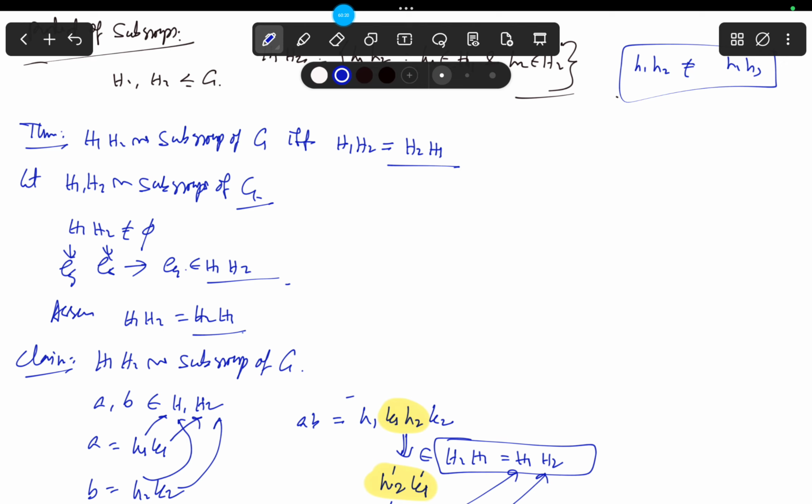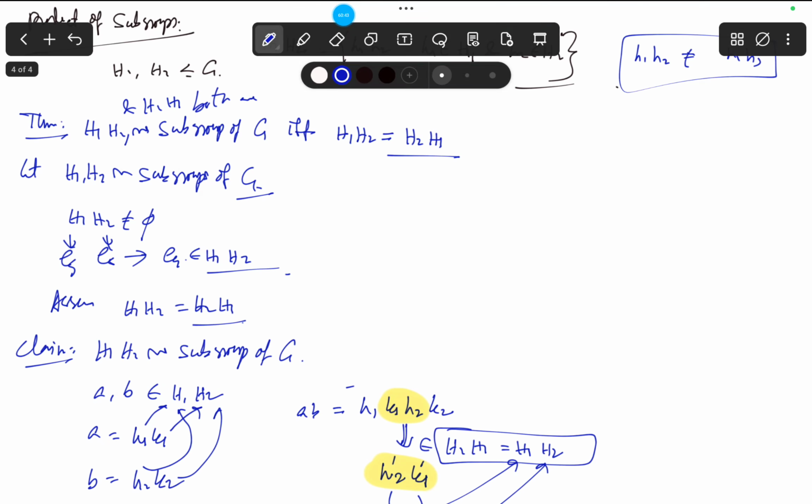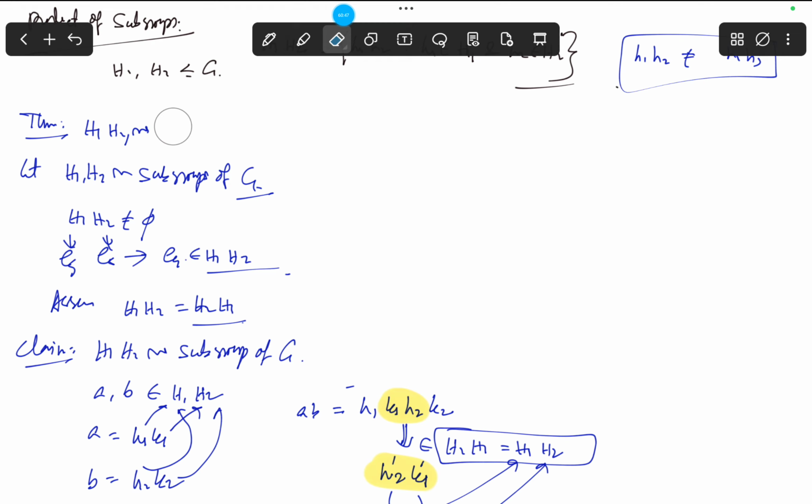I need to mention here that H1 H2 and H2 H1, because the product of any two subgroups can be done from both sides, right? That's what we have done here. So H1 H2 and H2 H1 both are subgroups of G if and only if H2 times H1 is same as H1 times H2. Yeah, now I think the theorem is fully satisfied.